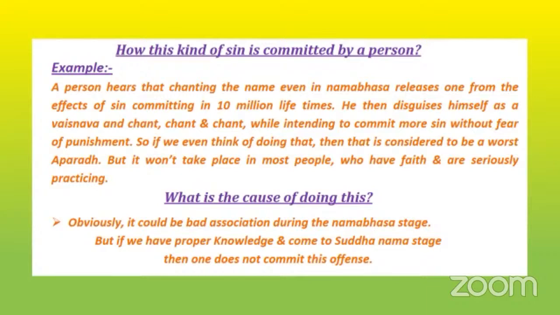A person hears that chanting the name even in Namabhasa releases one from the effects of sin committed in 10 million lifetimes. If we chant in Namabhasa, just one chanting can remove the sin, whatever we commit, in 10 million lifetimes. Oh my God, we can't even think.